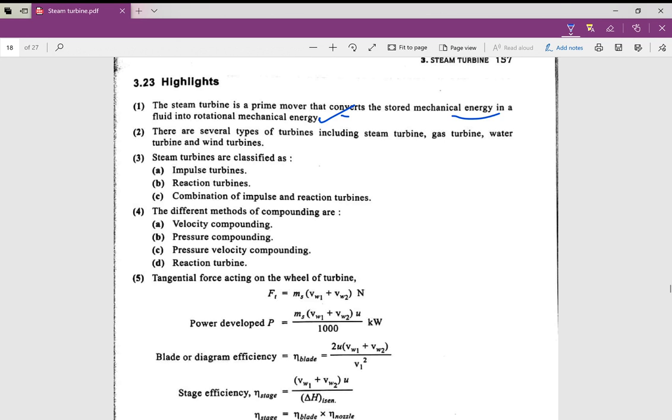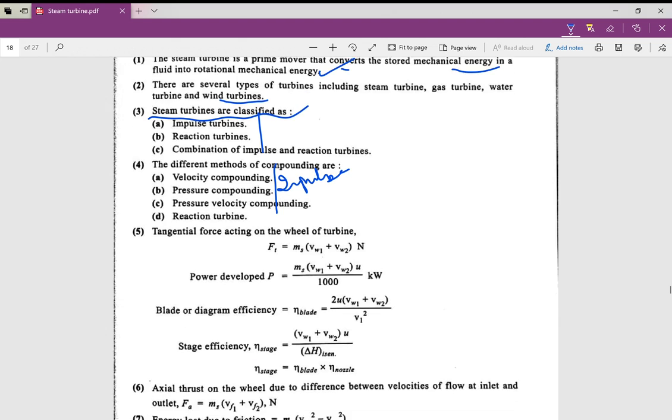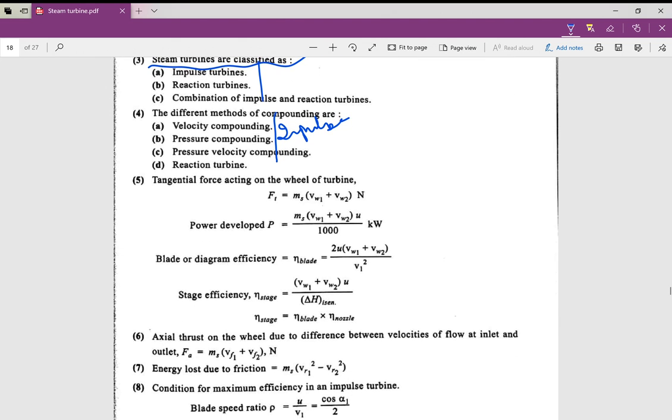There are several types of turbines, including steam turbines, gas turbines, water turbines and wind turbines. Compounding of steam turbines takes place only in impulse turbines. There is no compounding in reaction turbines because the number of stages is already larger in a reaction turbine.